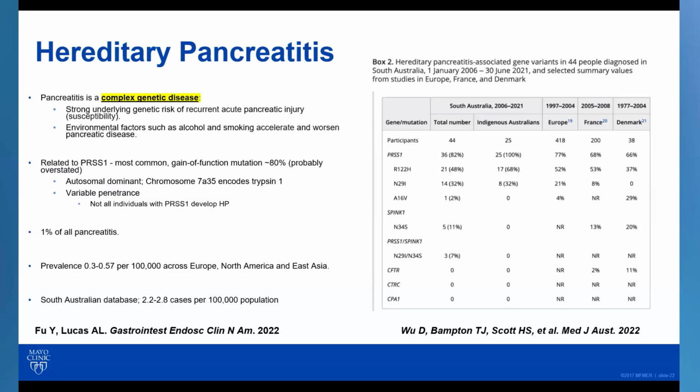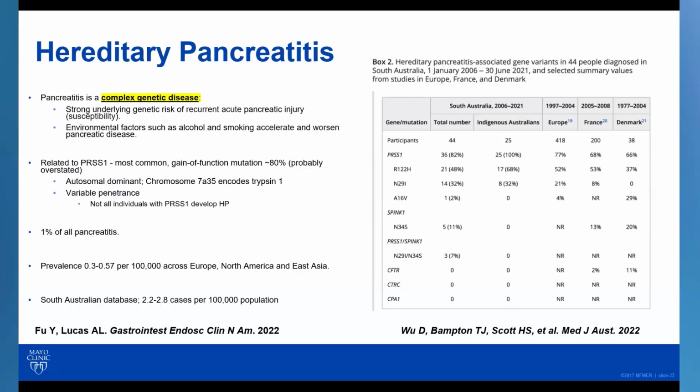Hereditary pancreatitis, in particular, is the first mutation that was discovered and known to cause genetically induced disease. And the name hereditary pancreatitis is almost specific only to PRSS1-induced disease. Penetrance in terms of PRSS1 causing pancreatitis has been seen in 80% of folks with PRSS1 mutations.